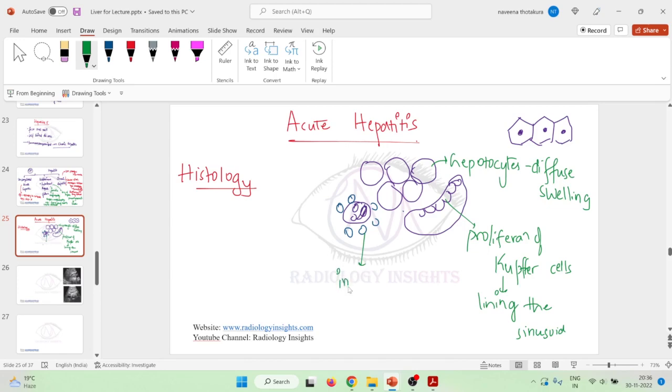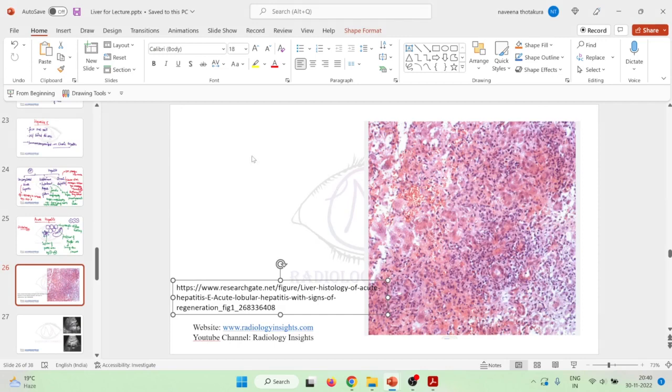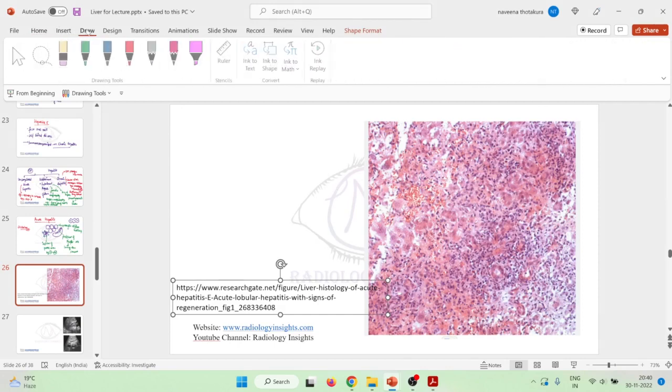So there will be infiltration of the portal area by lymphocytes and monocytes. So this is the picture of acute hepatitis in histology.